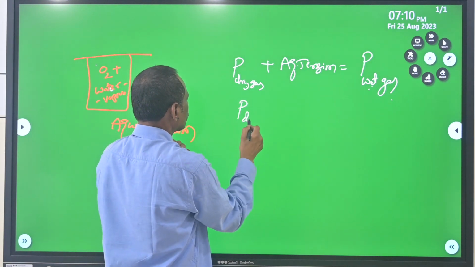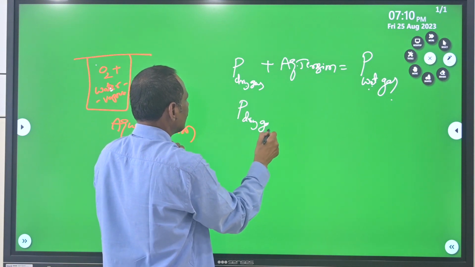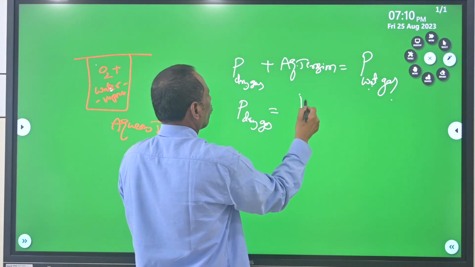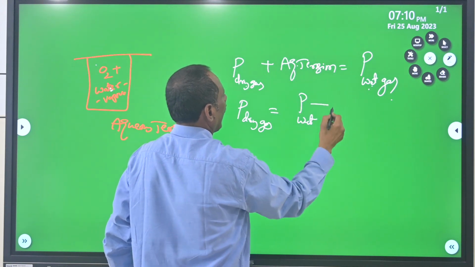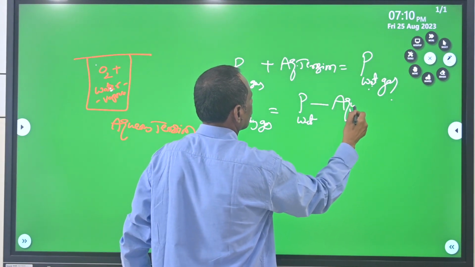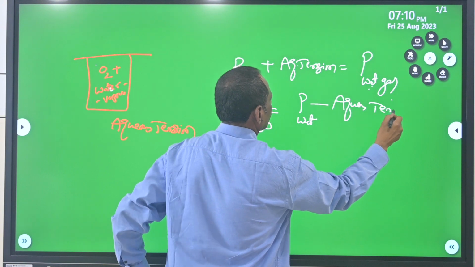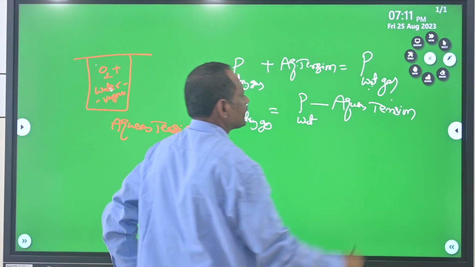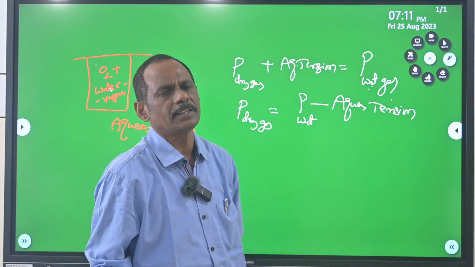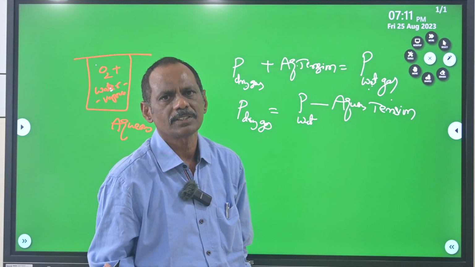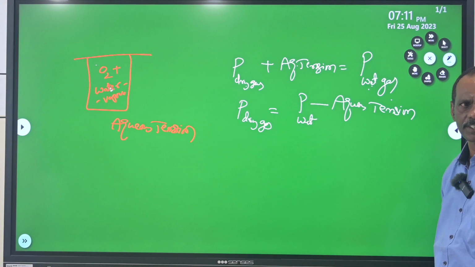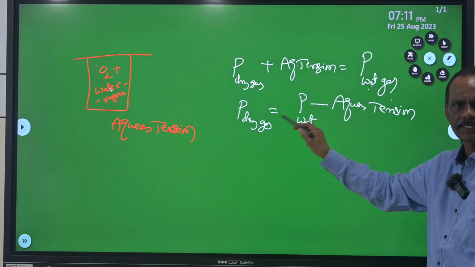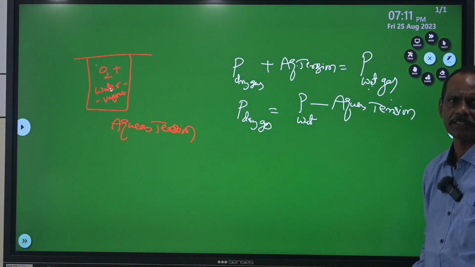Therefore, the pressure of dry gas is equal to the pressure of the wet gas minus aqueous tension. What is aqueous tension? The pressure exerted by the water vapor at the temperature is called aqueous tension. It is a formula, and this is the meaning of aqueous tension. It is the pressure of dry gas and it is the pressure of wet gas.